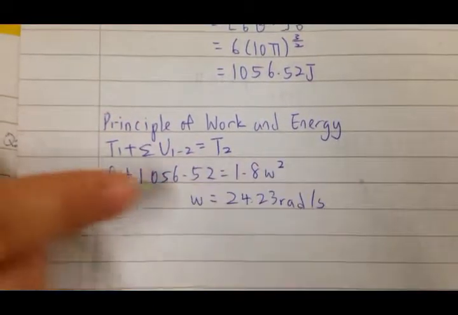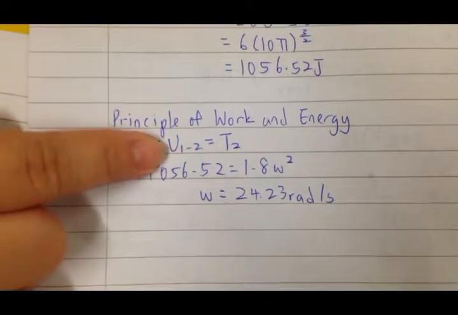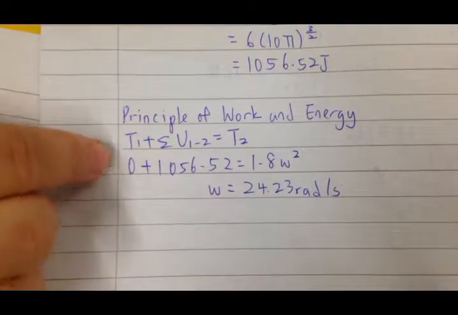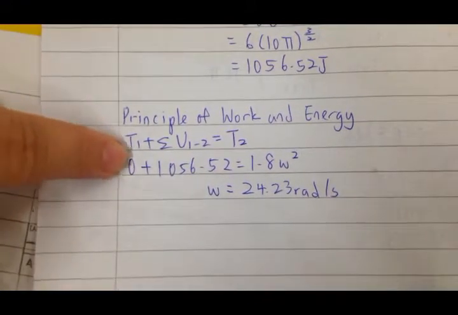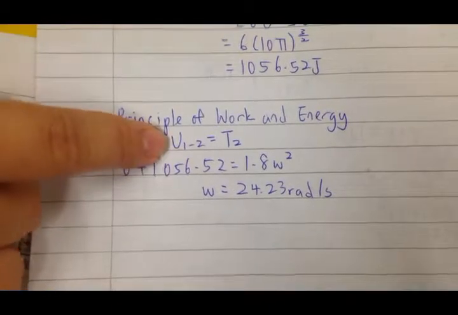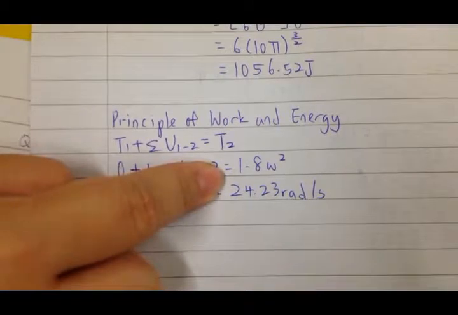And then lastly, to find the angular velocity of the wheel, we will use the principle of work and energy. The formula is the initial kinetic energy plus the work done equal to the final kinetic energy. Since the wheel is initially at rest, the initial kinetic energy will be 0, and the work done is equal to 1056.52, which we found just now.